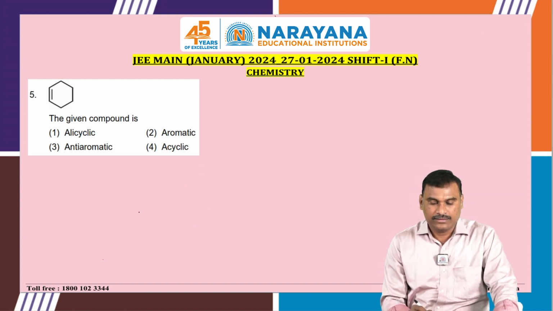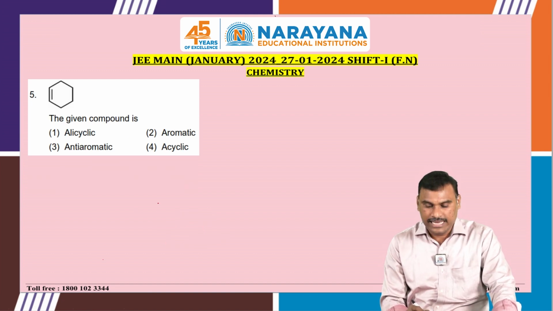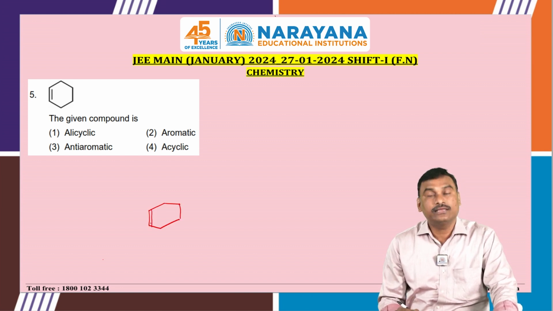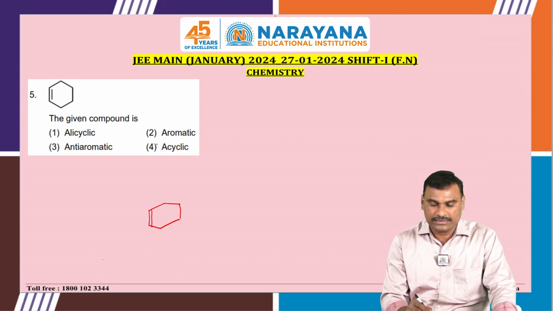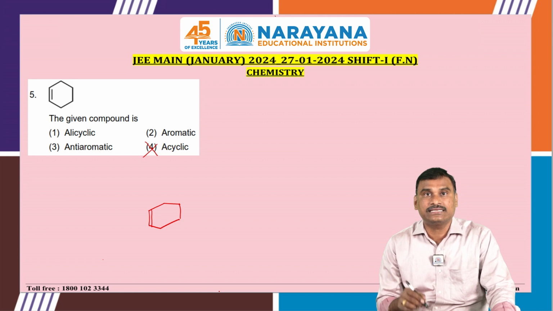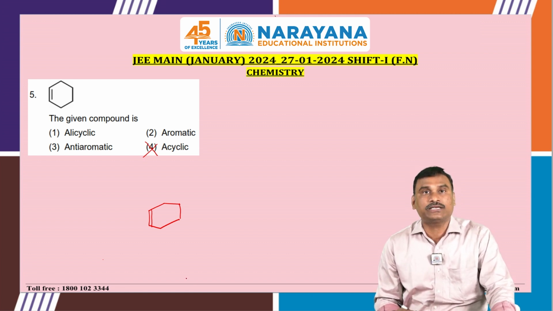Yes, the given compound is a cyclic compound. Therefore, the answer 4 is not suitable, because it is a cyclic one. Then go to the second and fourth options, that is aromatic and anti-aromatic.